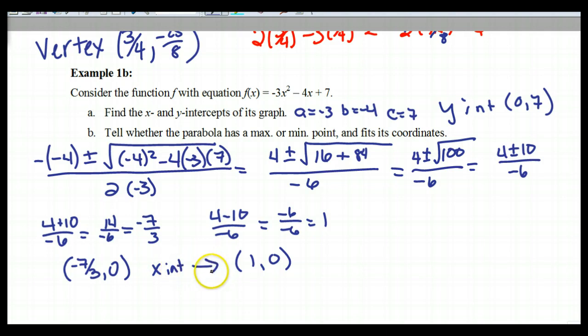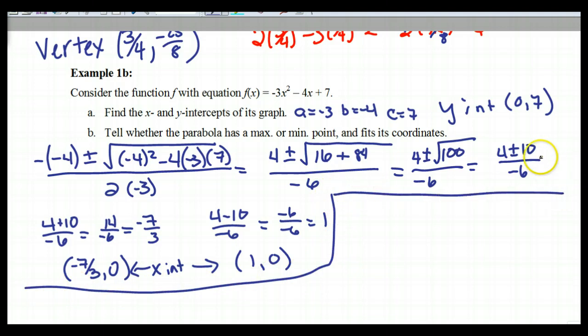Okay, and then A equals -3, so then it would be a max. Yep, A is less than 0, so the vertex is going to be a max.